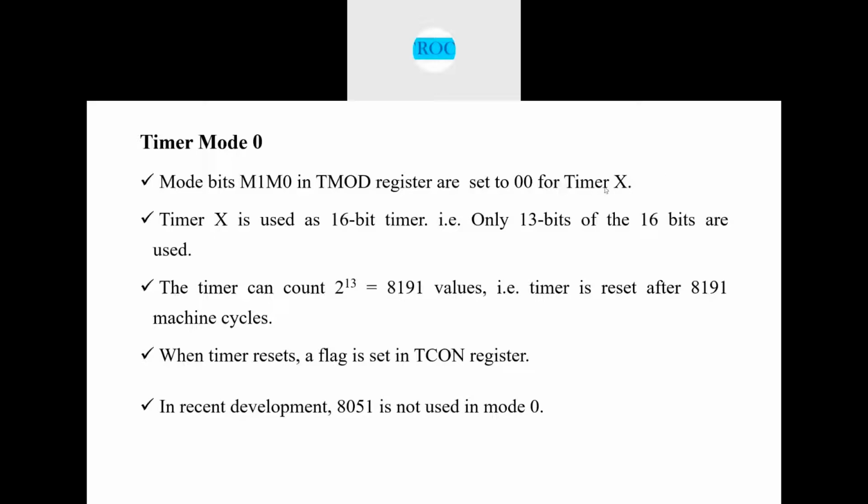Take an example. After the reset, which flag bit will be set? It is TF. If it is timer 0, it will be TF0. If it is timer 1, it will be TF1. That bit will be set after overflow, whenever the timer reaches the count 8191 for mode 0.